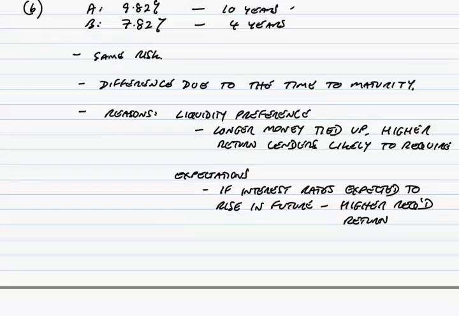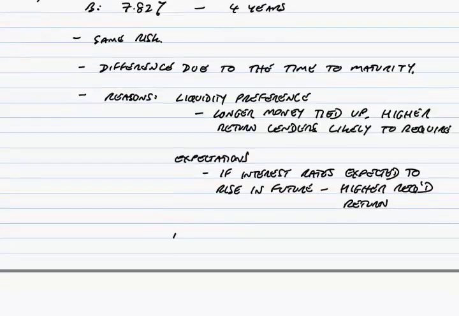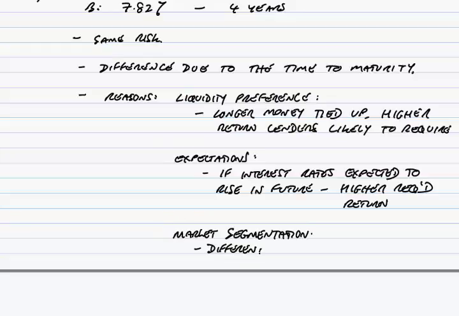The third thing that goes with this is the market segmentation theory. And here, different types of investors choose different times to maturity.